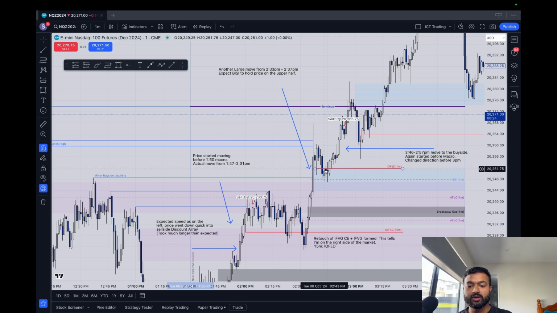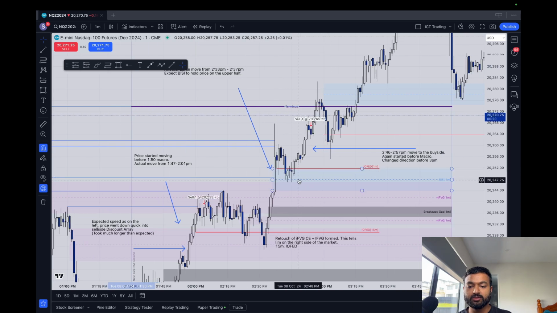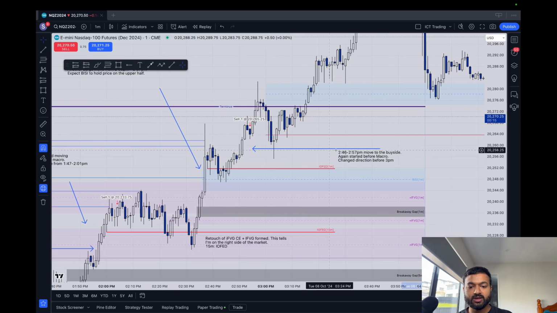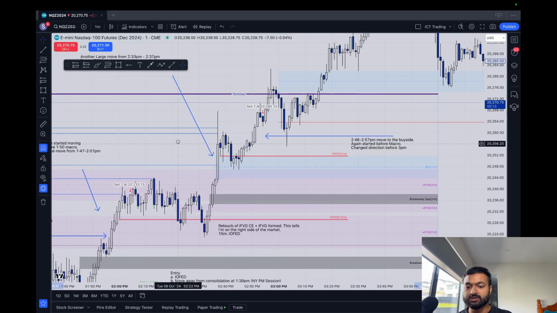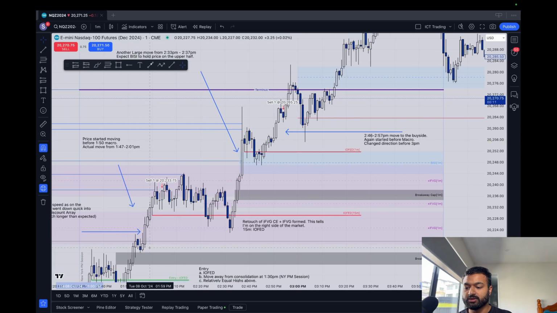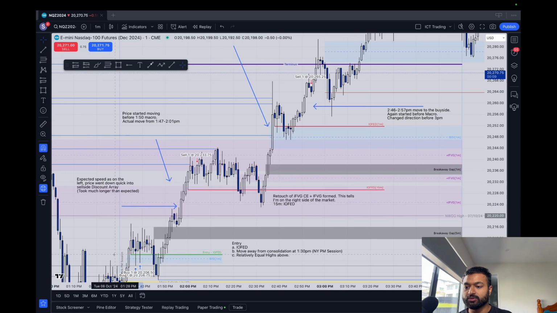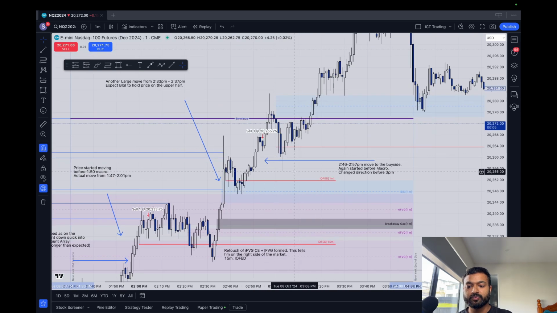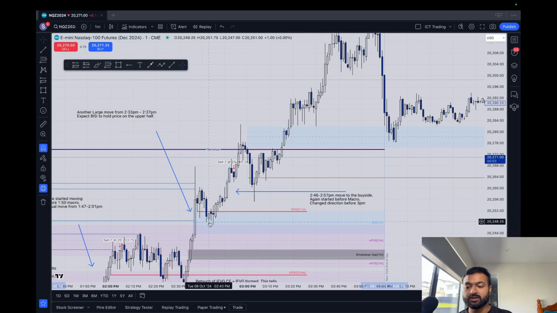And as you can see, we had 1, 2, 3, 4, 5, so we spent 5 minutes here, all closed within the upper half. And then the next run started from 2:46, which is similar to here, which started at 1:47. So exactly an hour later, we had the second run up from here to the next liquidity.